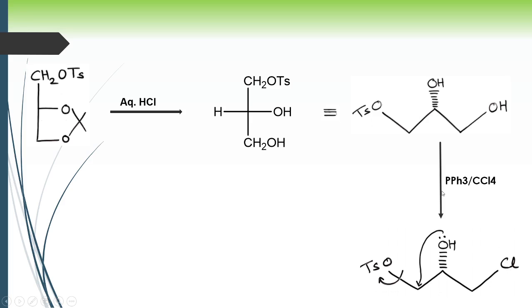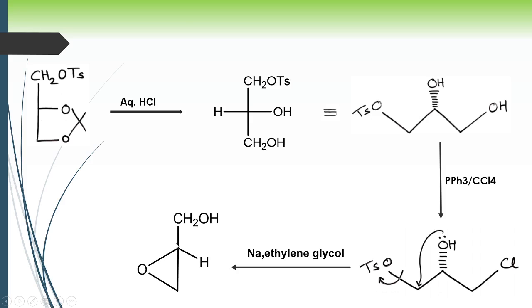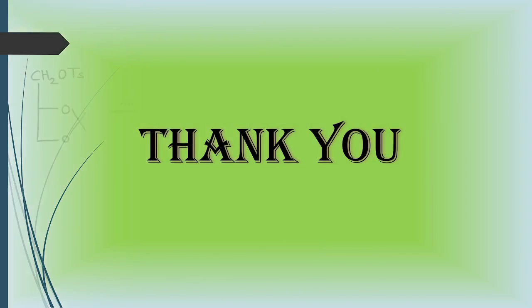This reagent converts this alcohol into this alkyl chloride. And then after the reaction with ethylene glycol in presence of sodium, we got our desired product, that is S-epichlorohydrin. So this is the overall mechanism for the synthesis of S-epichlorohydrin. I hope you understand.